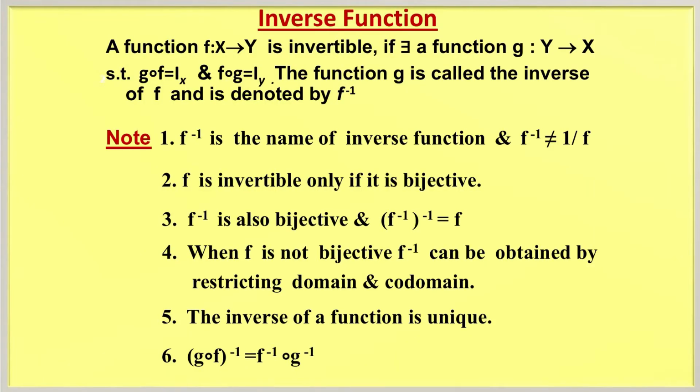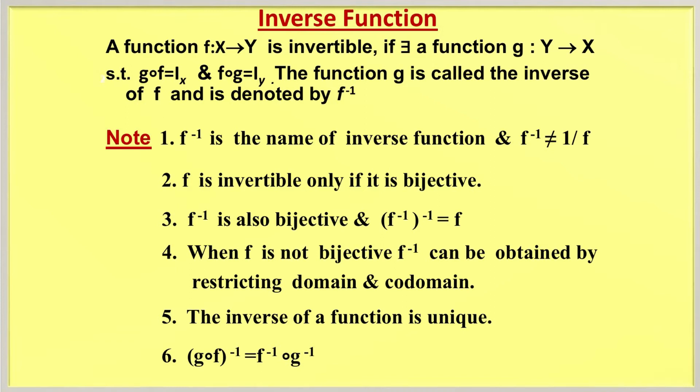A function f from X to Y is invertible if there exists a function g from Y to X such that g composition f is equal to the identity function on X and f composition g is the identity function on Y. As we have discussed, the function g is called the inverse of f and it is denoted by f inverse, and actually f is also the inverse of g, that is g inverse.